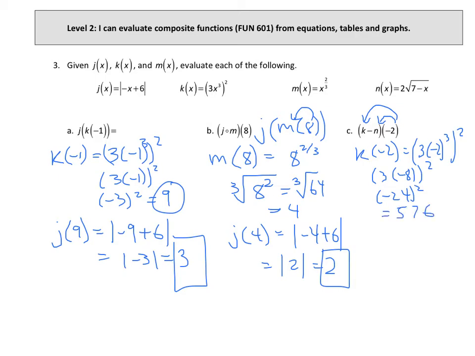which is 576. Now, we're also going to evaluate the function n when x equals -2. So we don't plug the answer we got in, we go back to the -2 and plug that into n also.